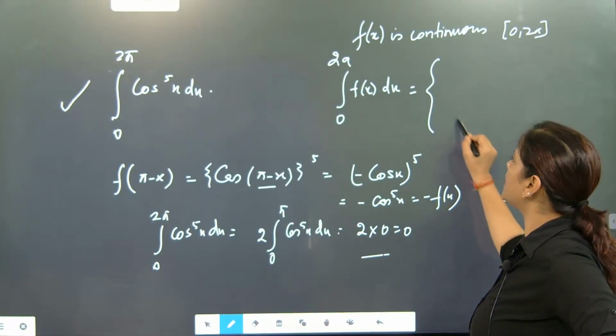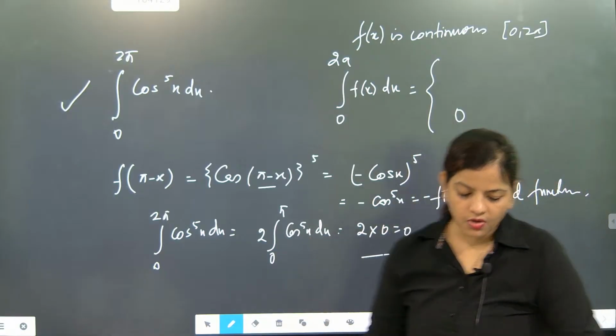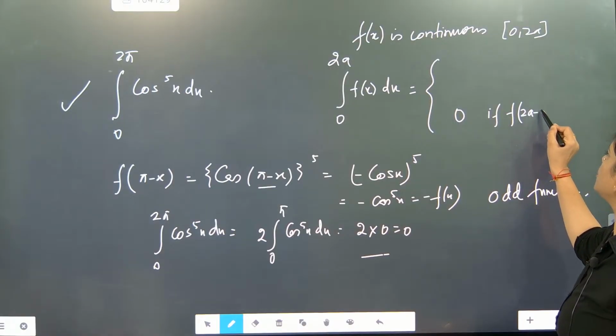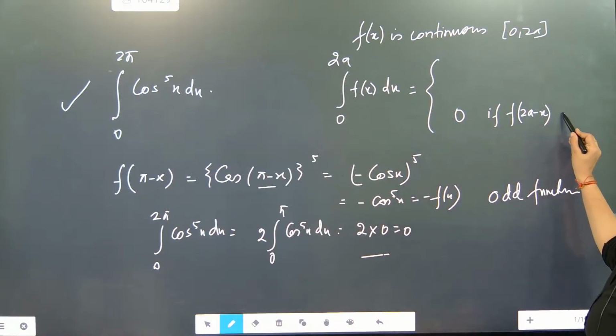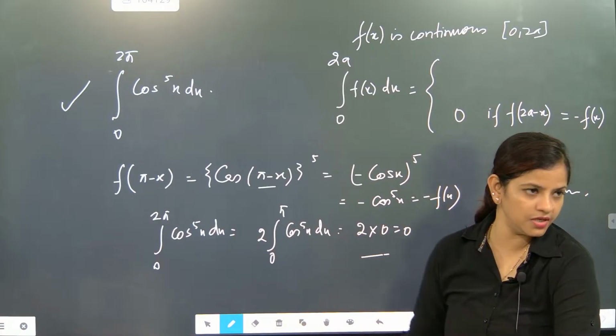will give you two answers. One answer will be 0 when f of 2a minus x gives you minus f of x, which we have seen right now, understood?